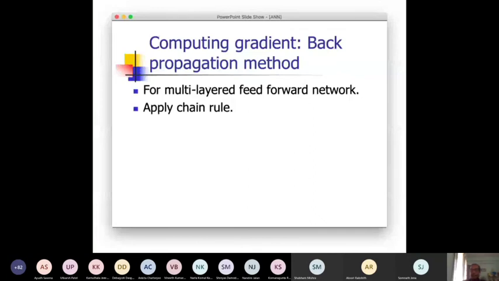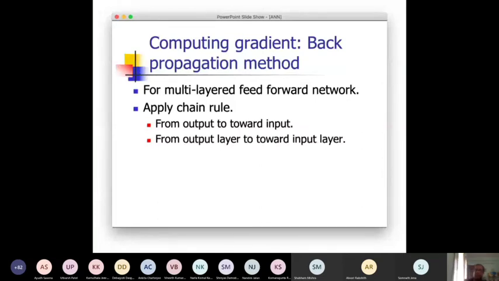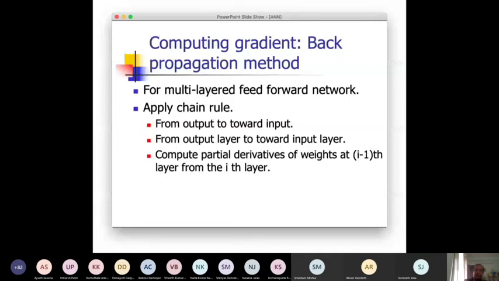There we'll be applying the chain rule in a multi-layer network. We have already seen that in the chain rule, the computation comes from the output towards the input side, and that is what we have to compute there also.